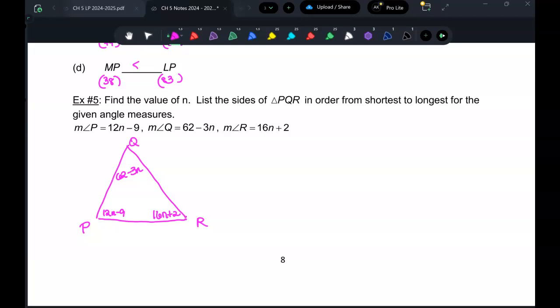Okay, you can add them all together and set equal to 180. So 12n minus 9 plus 16n plus 2 plus 62 minus 3n. 28n minus 3n is 25n.